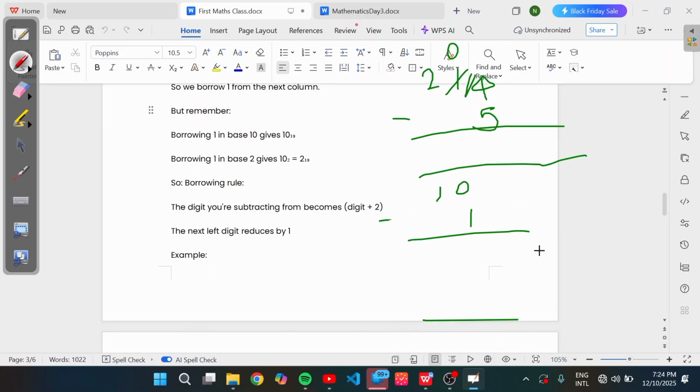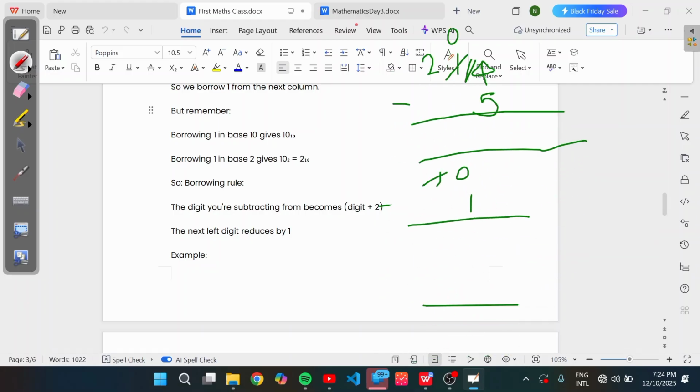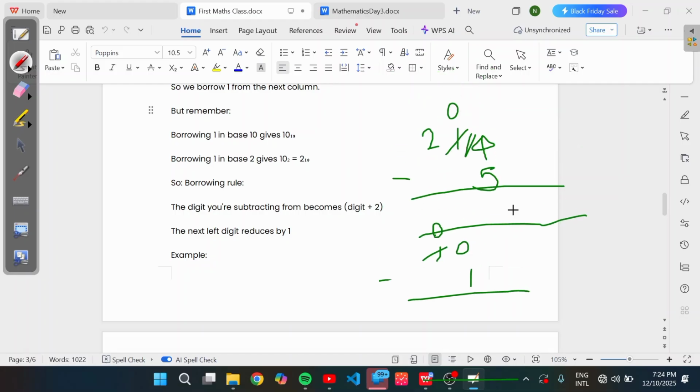Okay. So if we have something like this, 0 minus 1 can't work out. So we would ideally borrow the same way we did here. So if we borrow, we should have 0 here, right? Perfect. Now, you're probably thinking, yeah, put 1 here. No, that's not how it works.